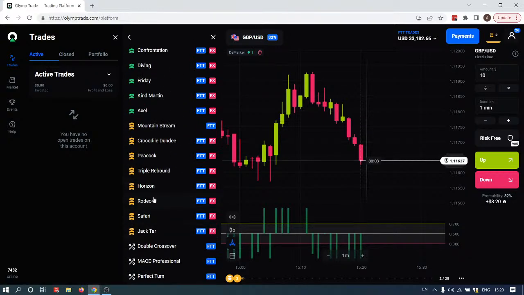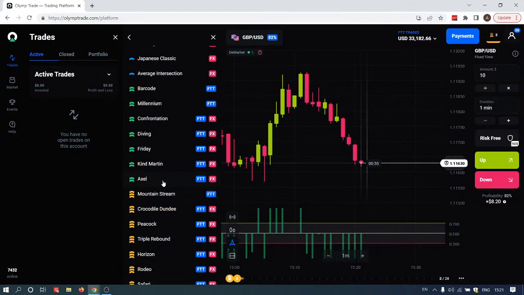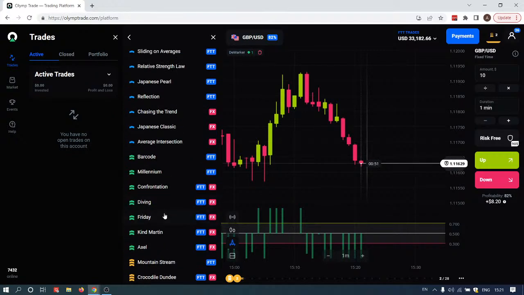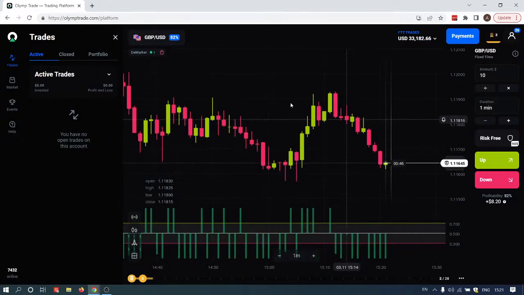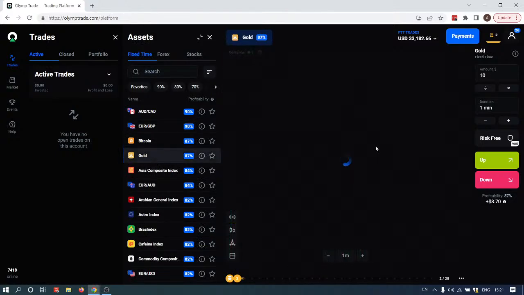Where is my Tripler Bound strategy? Here it is, Tripler Bound strategy. Jectar is a very exciting strategy. And probably I would say Kind Martin would be my fifth most favorite strategy from those that we have on the OLYMP Trade platform. All right.